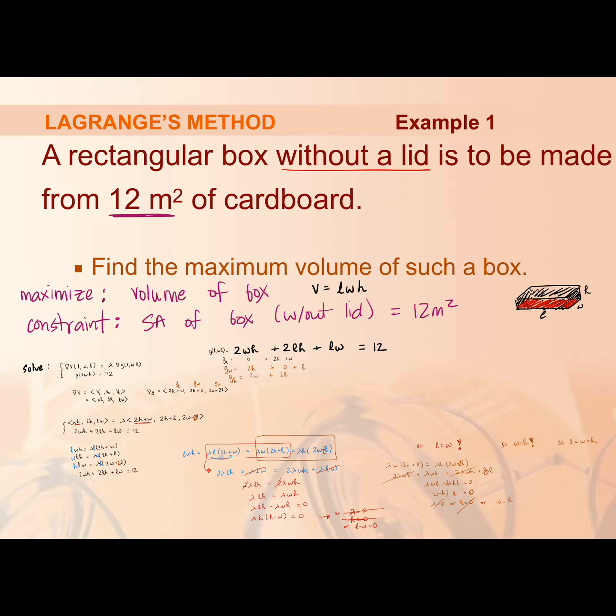Let's just erase this. Then we would have, let's pull out a lambda and an L. We'd have W minus 2H equals 0. So that would give us lambda equals 0, or L equals 0, or W equals 2H. And we said that those are impossible. So W is equal to 2H.